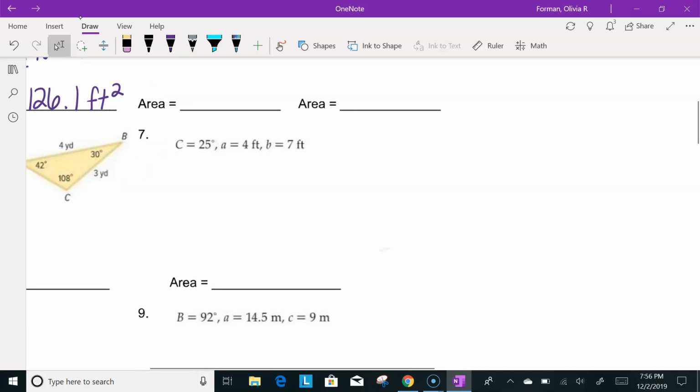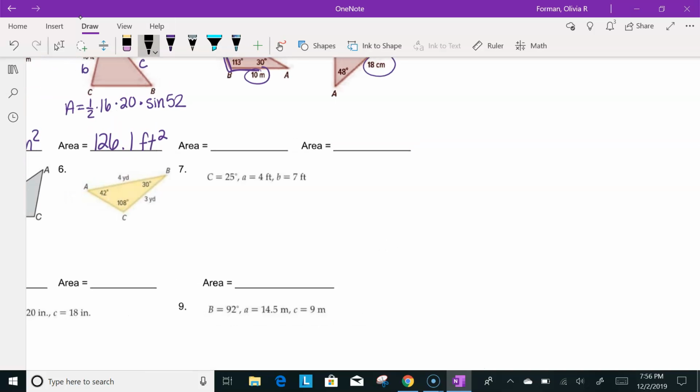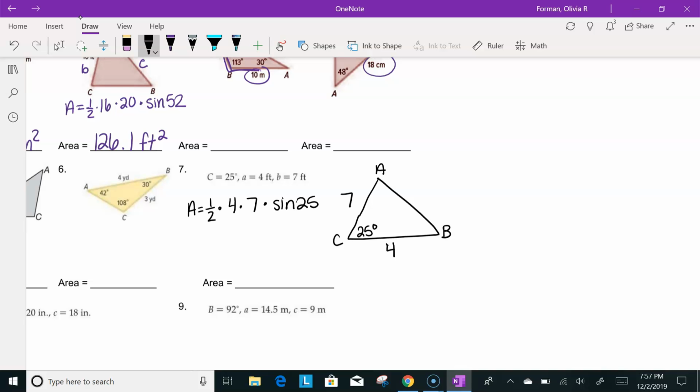Number 7, it's really not any different. All it does is it doesn't give you the picture. But if you think about it, we have A, B, C. It tells us that angle C is 25. We know that side A, which is across from angle A, is 4. And we know side B, which is across from angle B, is 7. So this one, we're just going to take our area is 1/2 times the length of A, which is 4, times the length of B, which is 7, times the sine of angle C, or sine of 25.